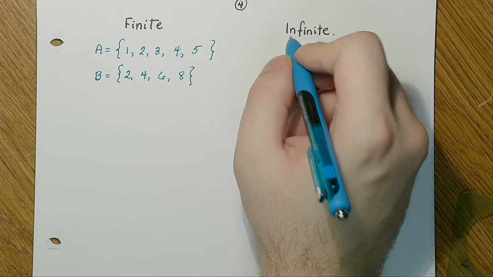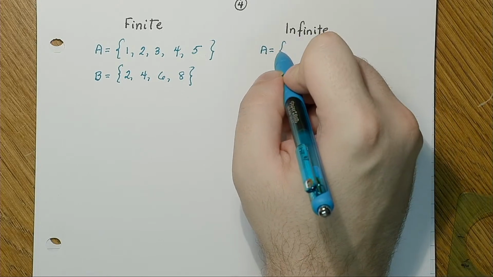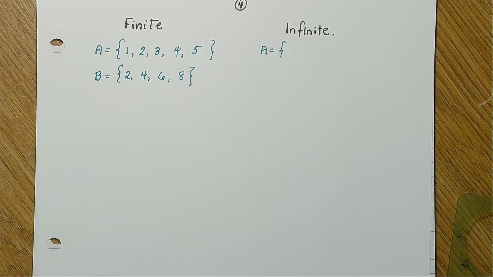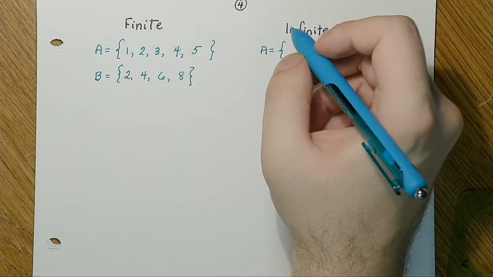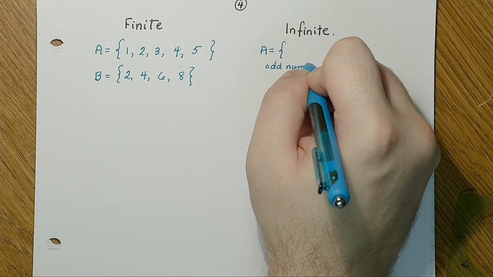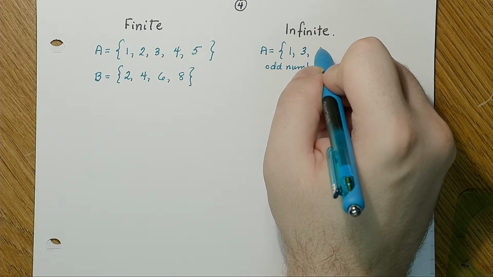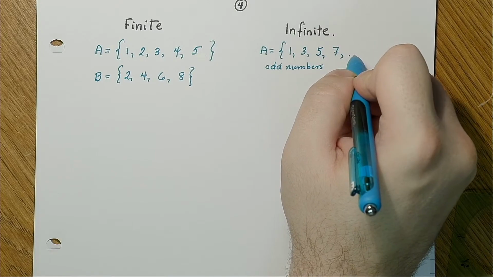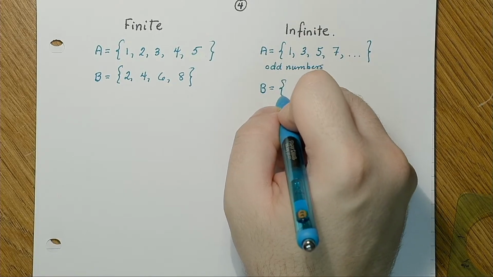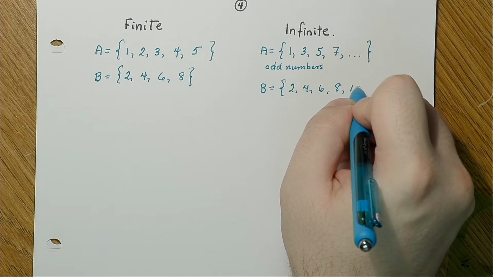When we get to the infinite, we're not able to list all the elements. So, for instance, we could do the set of odd numbers, 1, 3, 5, 7, and this goes on to infinity. We could do the even numbers, 2, 4, 6, 8, 10.